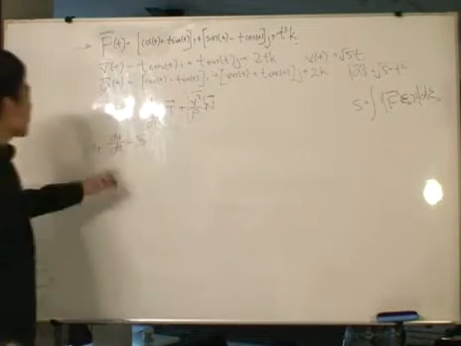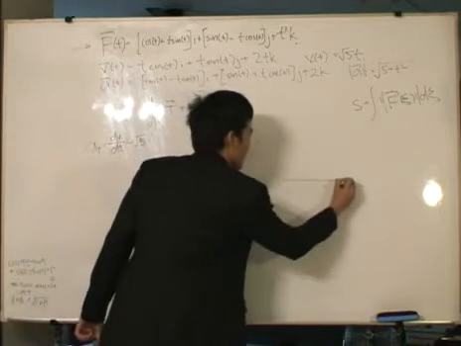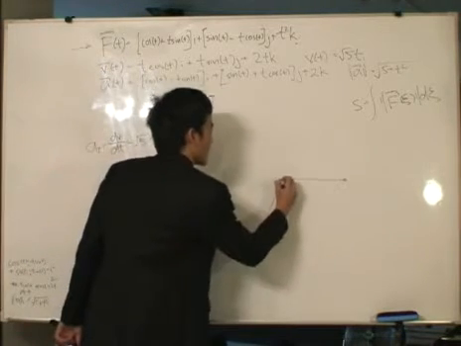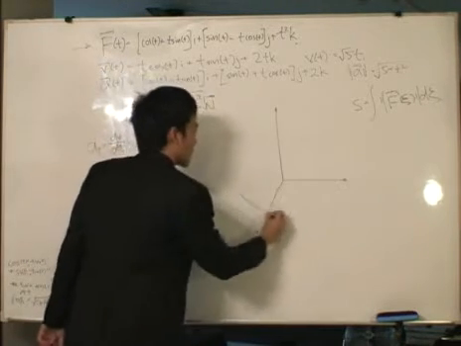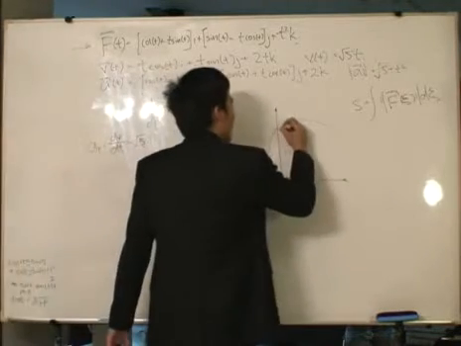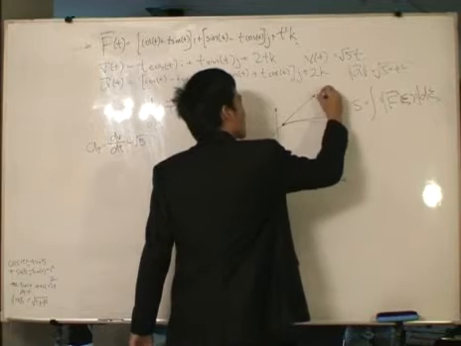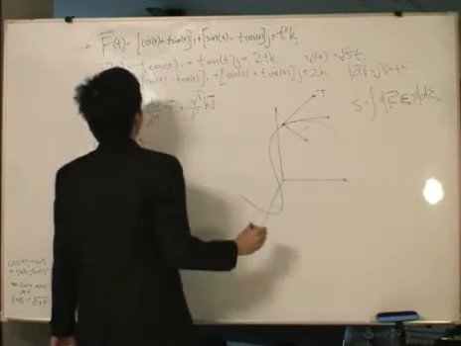However, there is another way, because if we envision the curve like this, and just like I've shown you previously, if the acceleration is going in this way, there are two components, the tangent and the normal.